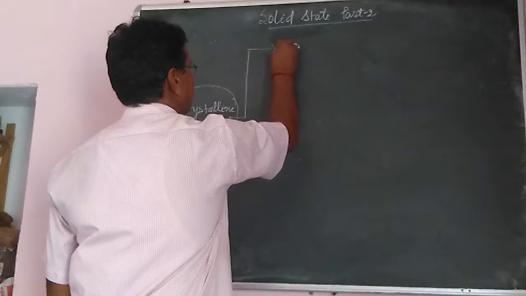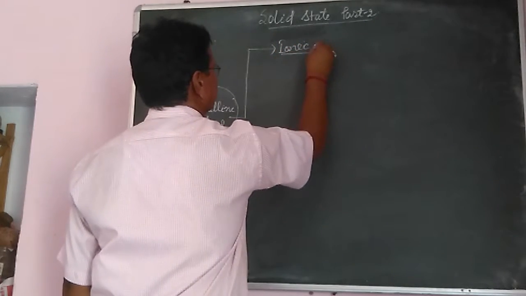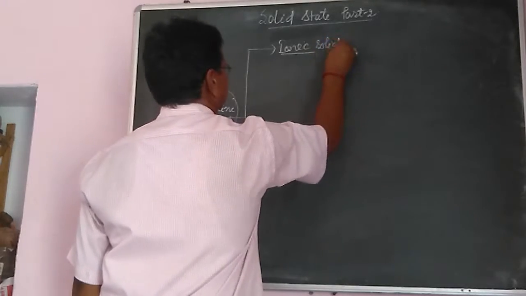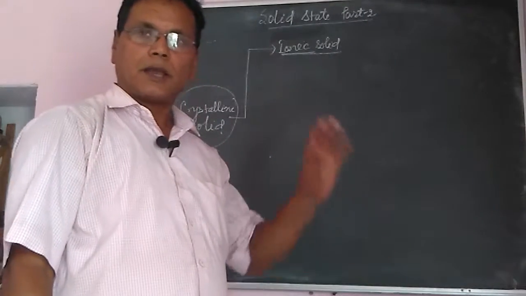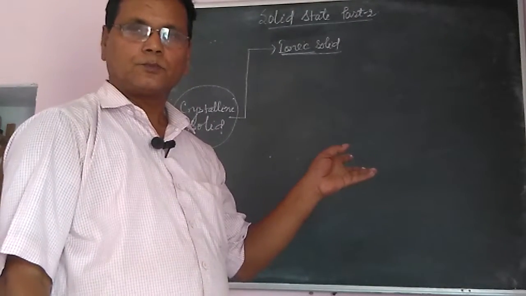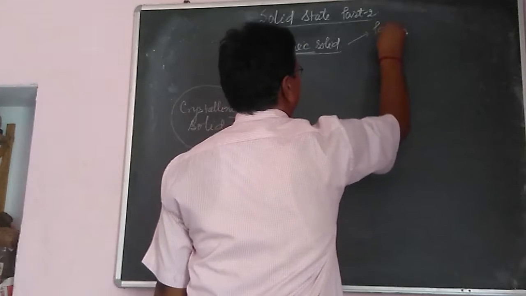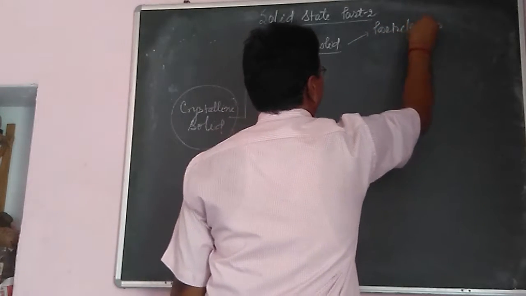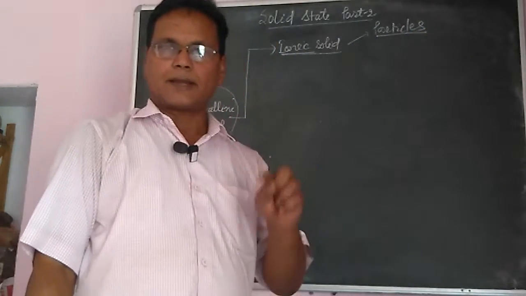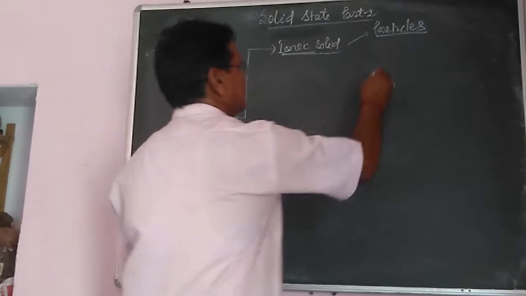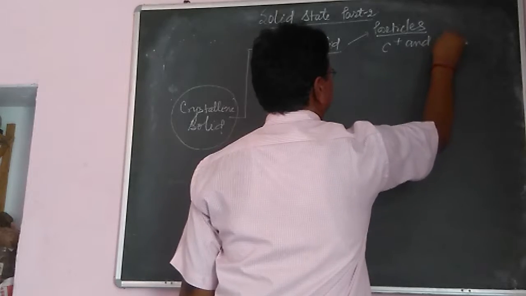One is ionic crystalline solid, ionic solid. In an ionic solid, you see the particles must be cations and anions.